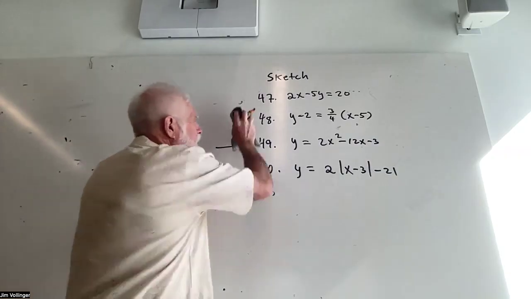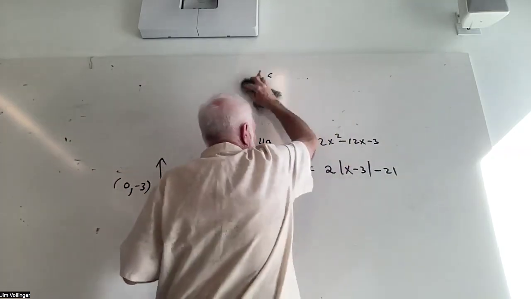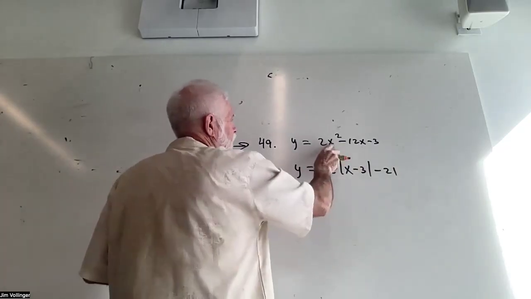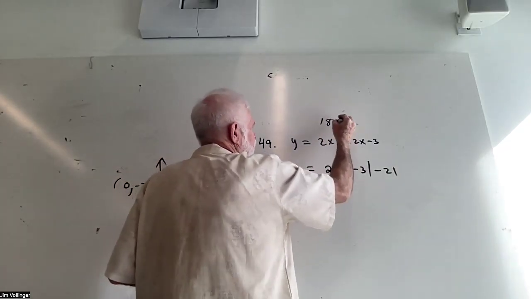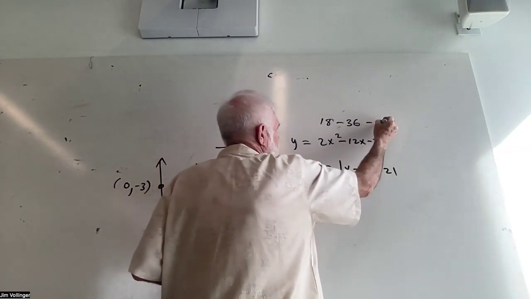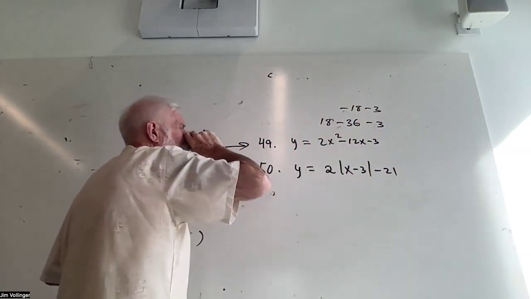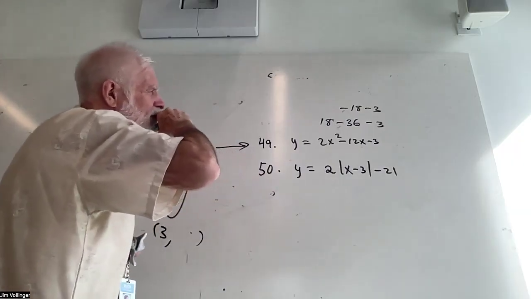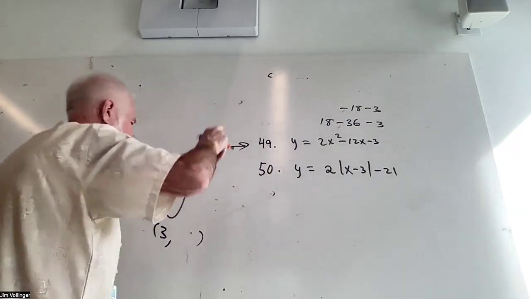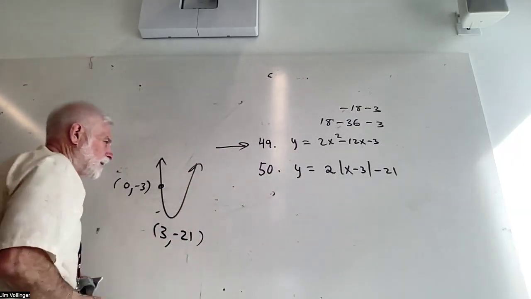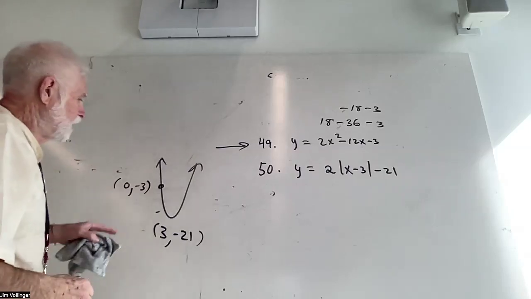So if we plug in 3, let's do it here. 3 squared 9, there's your 18, there's your -36, there's your -3, there's your -18, -3. Huh. Still gonna think about that. So -21. All right, so that's that sketch.